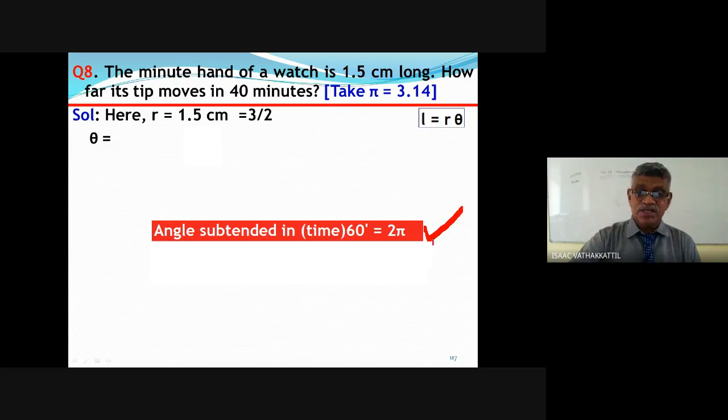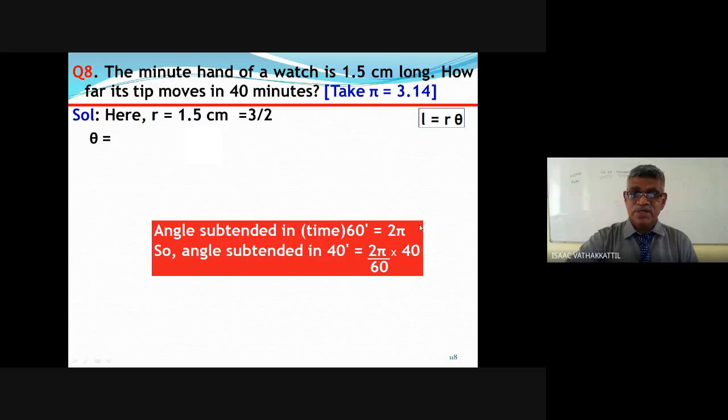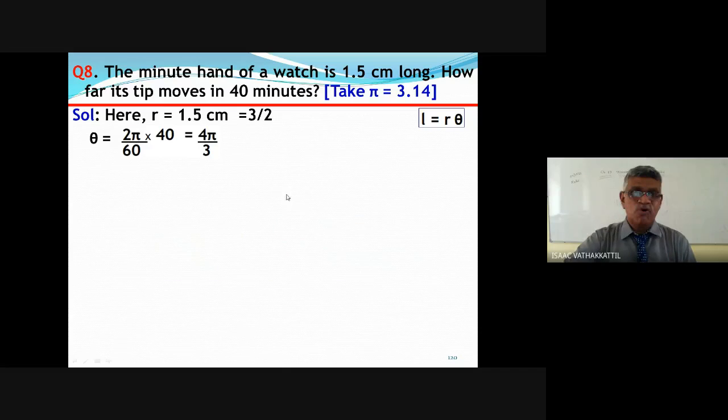So angle subtended in 60 minutes is 2 pi. So angle subtended in 40 minutes will be 2 pi by 60 into 40. How much is that? That is 4 pi by 3.